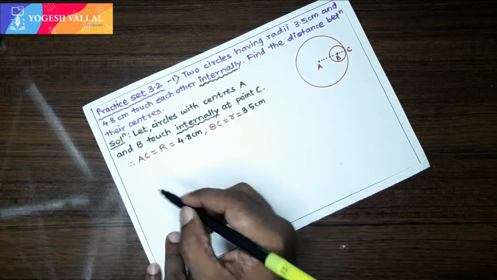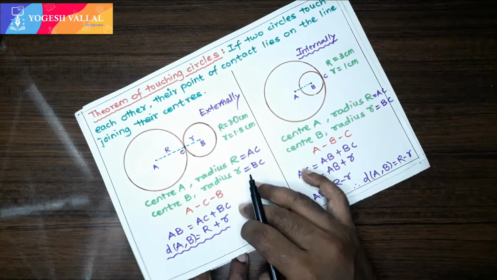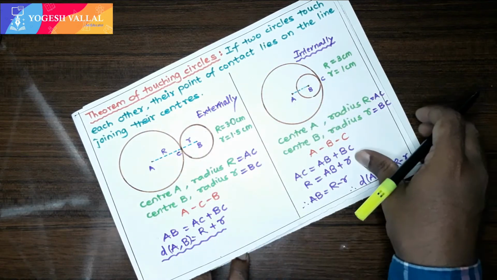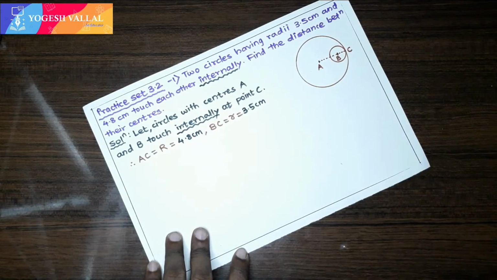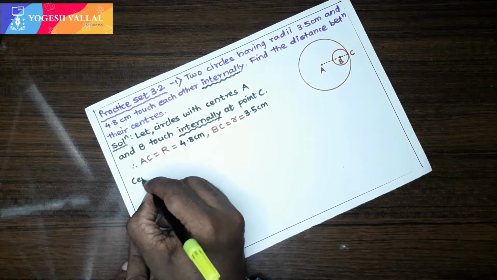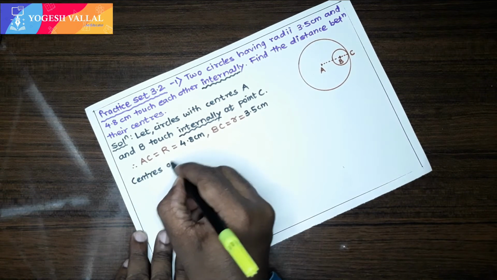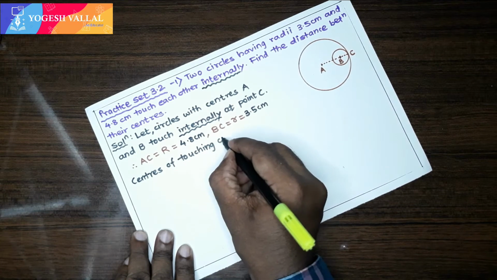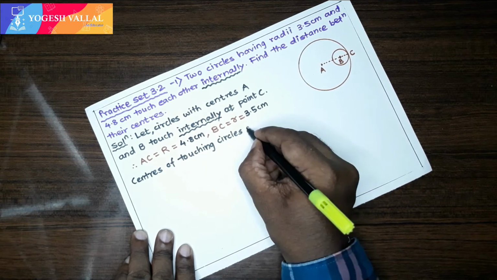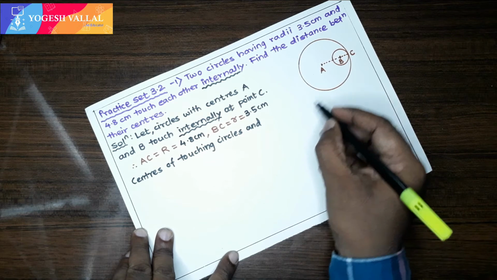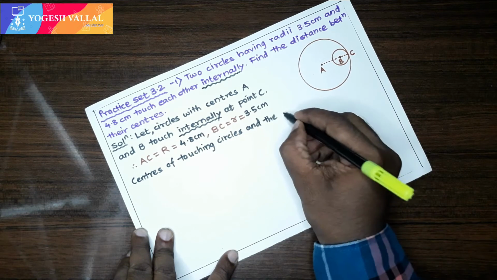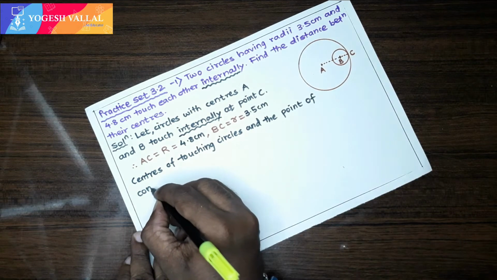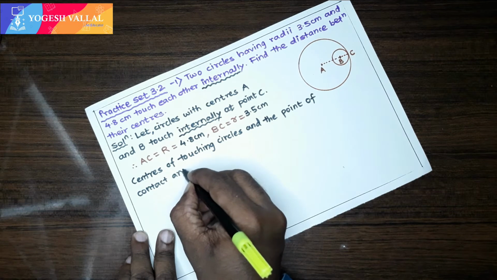Now, as we have seen in the theorem of touching circles, if two circles touch each other, their point of contact lies on the line joining their centers. It means we can say that the centers of touching circles and the point of contact are collinear.